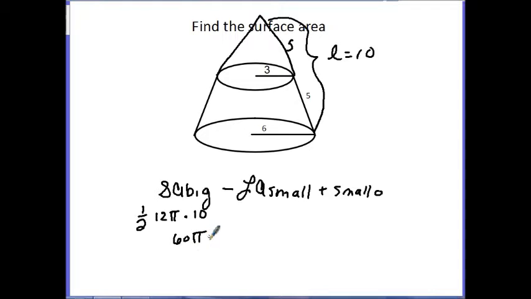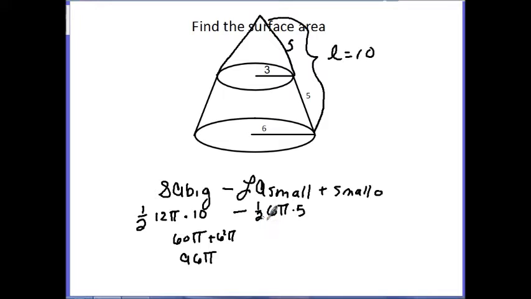I need to add on the area of my base. The area of my base is radius squared pi. So 60 pi plus 36 pi is 96 pi. Now I need to take out the lateral area of my small cone. 1/2 the perimeter, 2 times the radius, so 6, times pi, times the slant height 5.